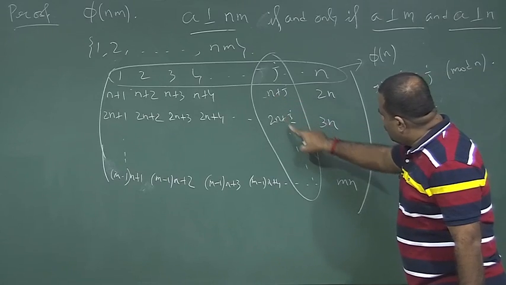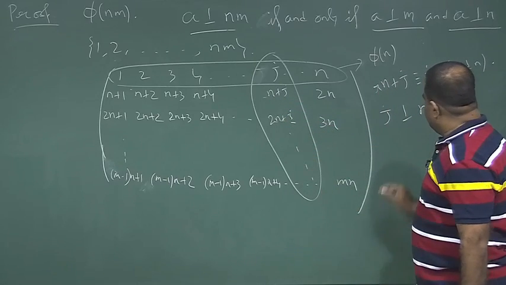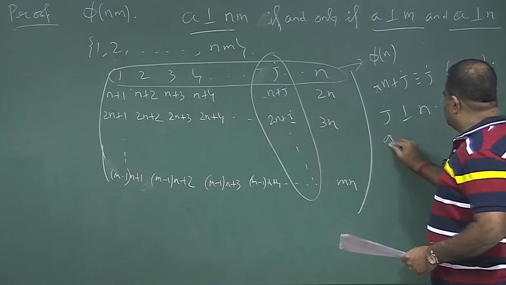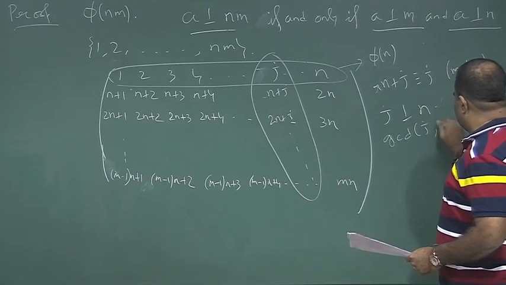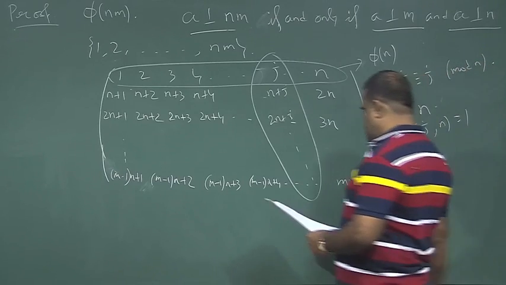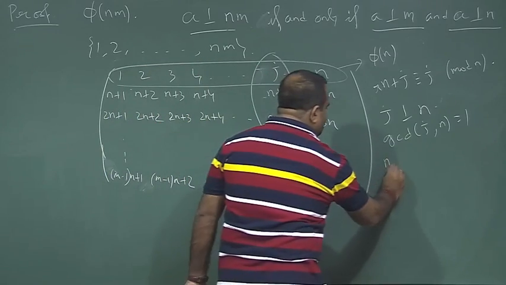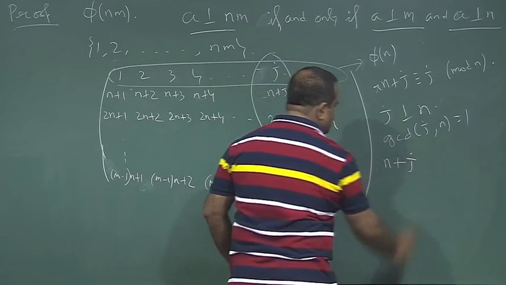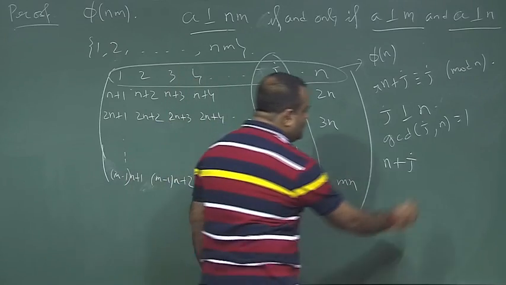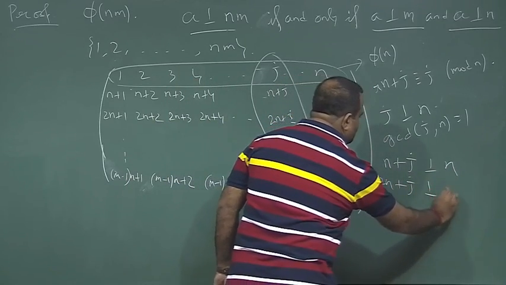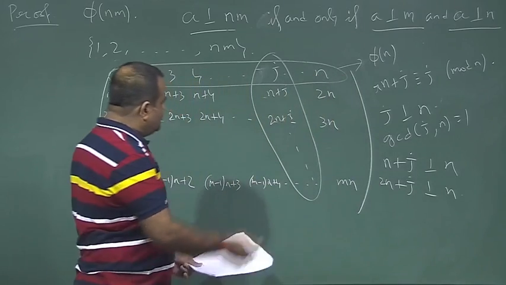Now all of these will be co-prime to n, because if j is co-prime to n, then the GCD of j and n is 1. So n plus j must be co-prime to n, and 2n plus j must be co-prime to n, because their GCD is also 1.